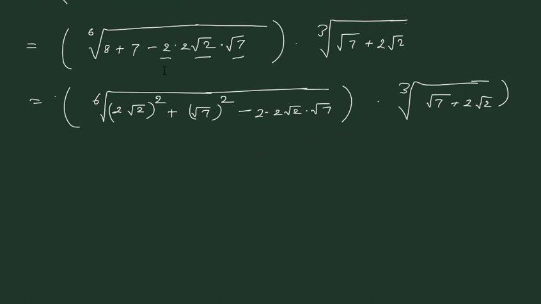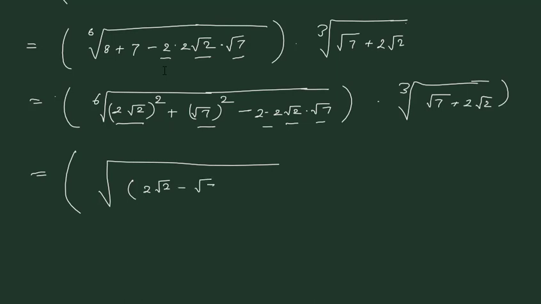Now here this is a square plus b square minus 2ab. So I can write this as a minus b the whole square, that is 2 root 2 minus root 7 the whole square.